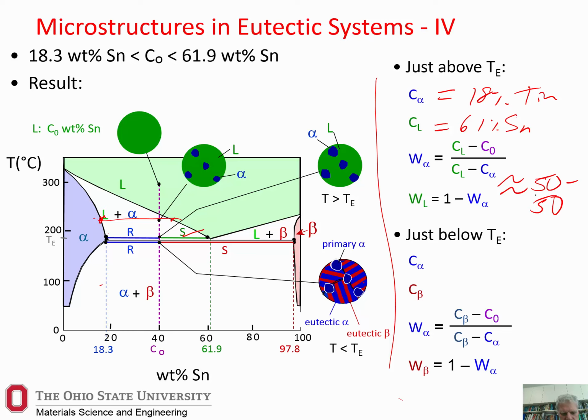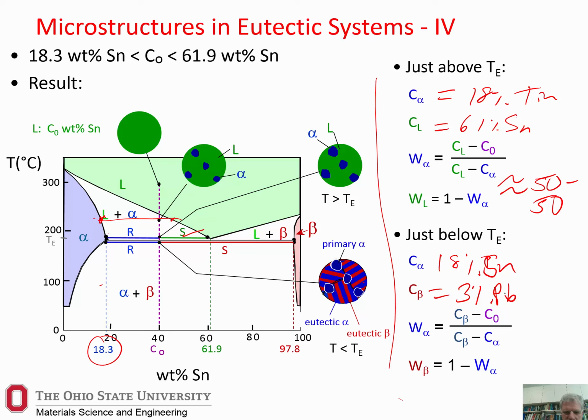To be a little more precise, R and S are pretty darn similar in length. And then just below the eutectic temperature, alpha is going to have a composition of about 18% tin, and the composition of beta is going to be about 3% lead, and that's basically what you get.